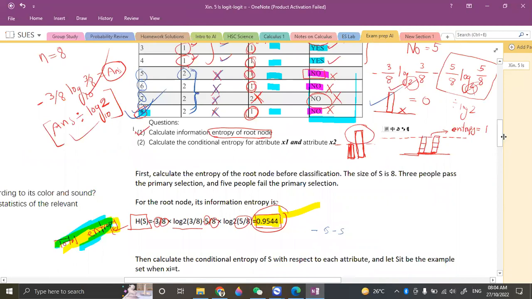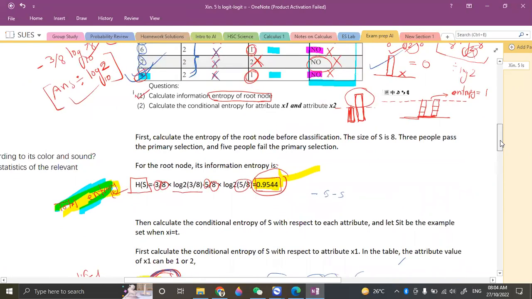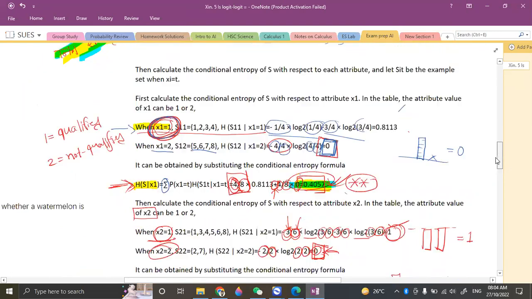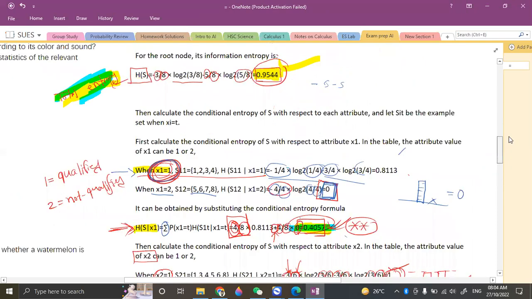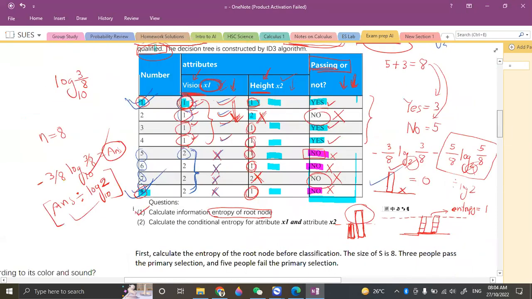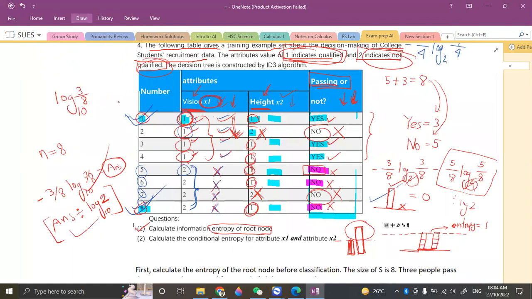Okay, so this is how we find the root node: the highest is the root node. So you see X1 is the root node, right? Because the highest information gain is from X1.